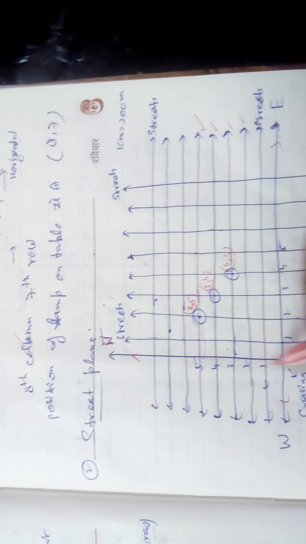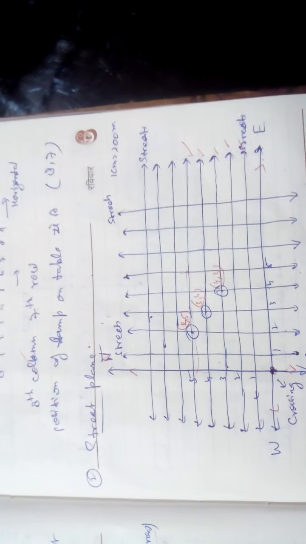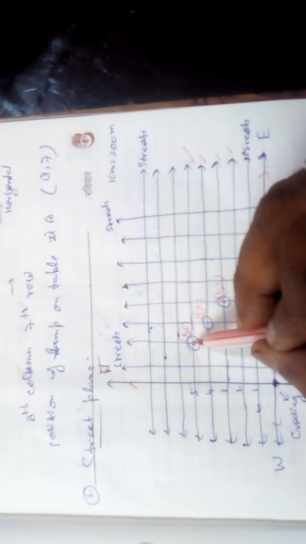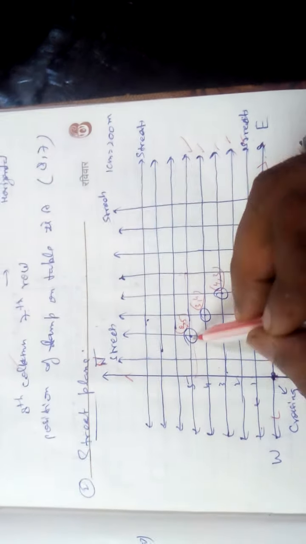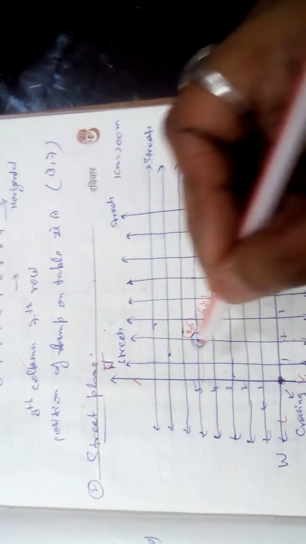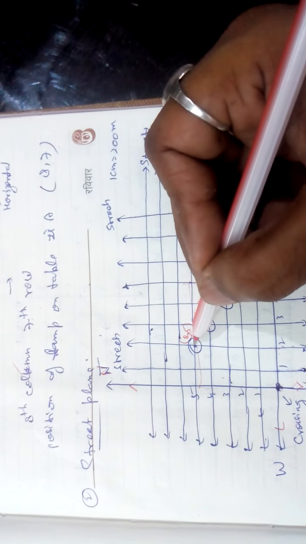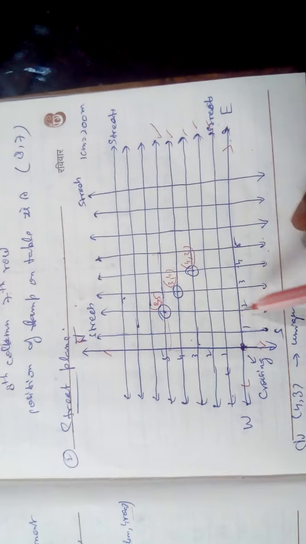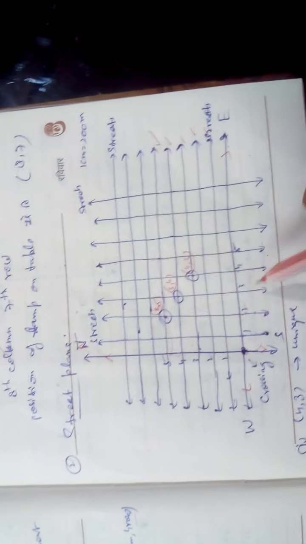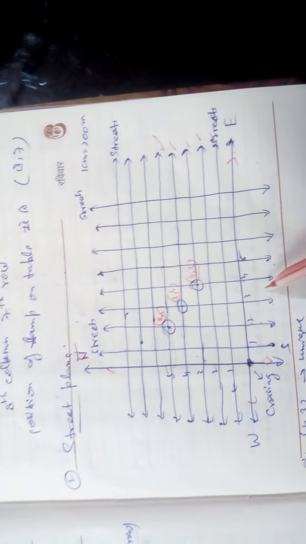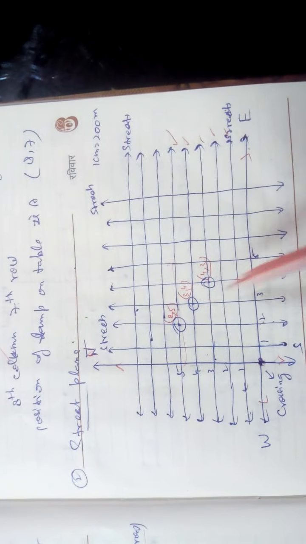So where will you plot 2 comma 5? Second street on the horizontal road, fifth place. It is the number of houses. So 2 comma 5 means the position of a house. On the first street there are 5 houses, and so on. Where is 2 comma 5, where is 3 comma 4, where is 4 comma 3?